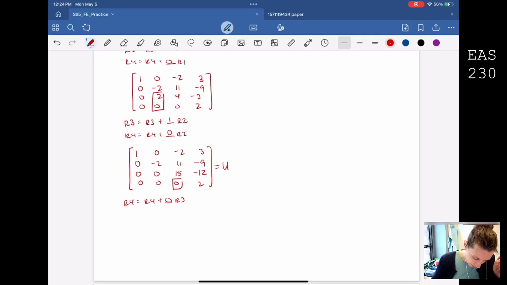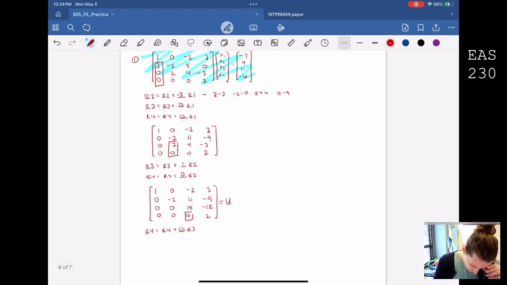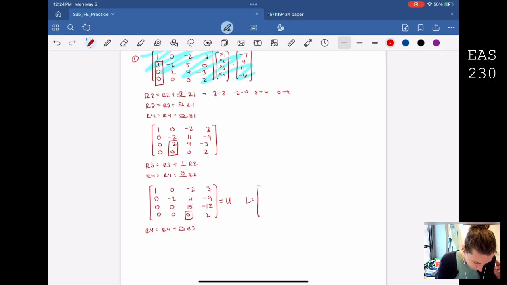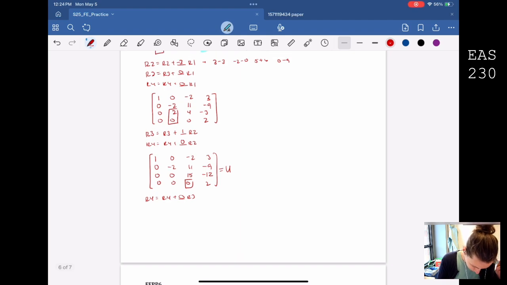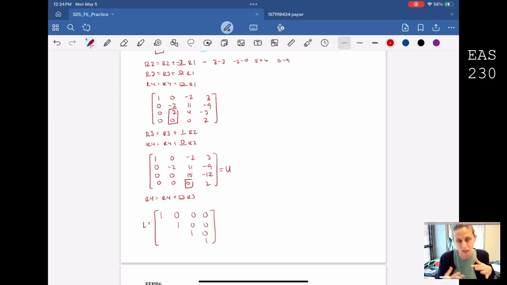I need to put L together. So there's U, so I need L. We'll put L down here. L starts out looking like this. Since we don't have permutations, constructing L is really simple. It's 1's along the diagonal, 0's in our upper right, and then I just slot in the opposite, so the negative, of what I used in my row operations.